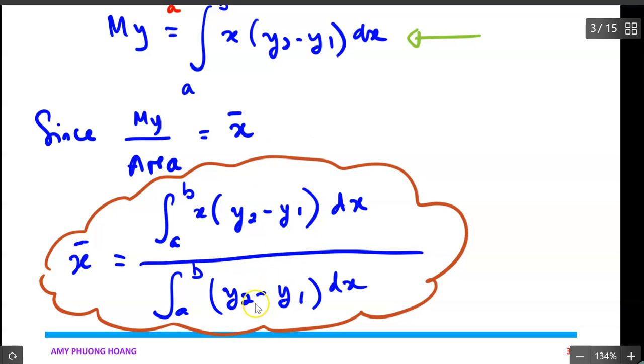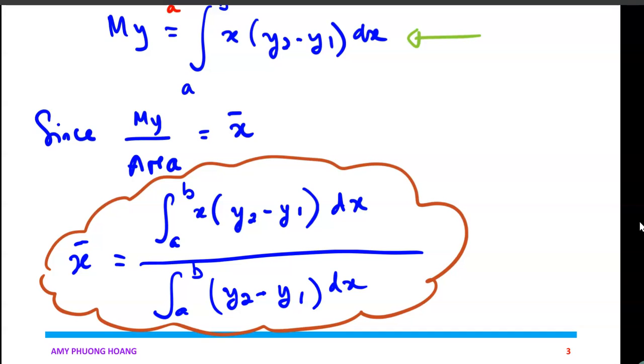It doesn't work that way. You integrate x multiplied by the upper function minus the lower function using the definite integral, or the fundamental theorem of calculus, and then you also find the area, then divide one into the other to find your x bar, I'm sorry, I mean your x bar.